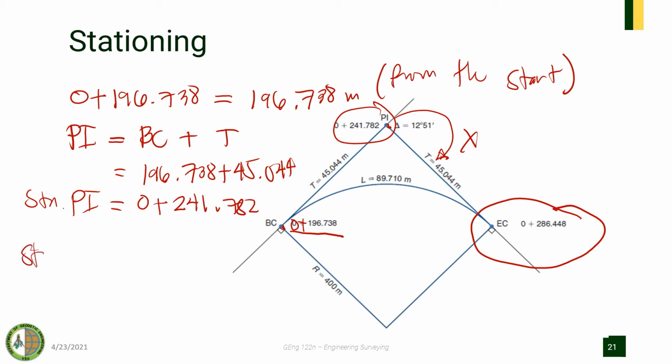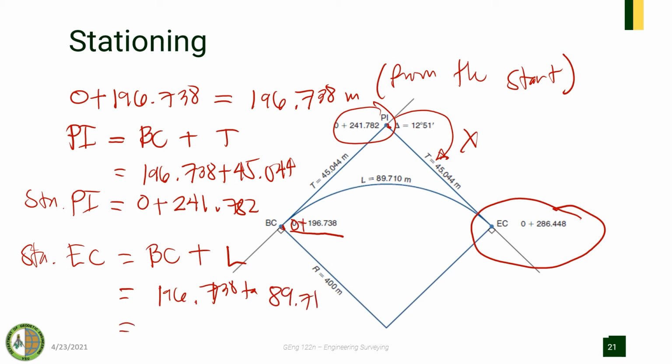But how can you determine the station of the end of curvature? Do we just simply add this value to your tangent? No. So how do we determine the stationing of this point?